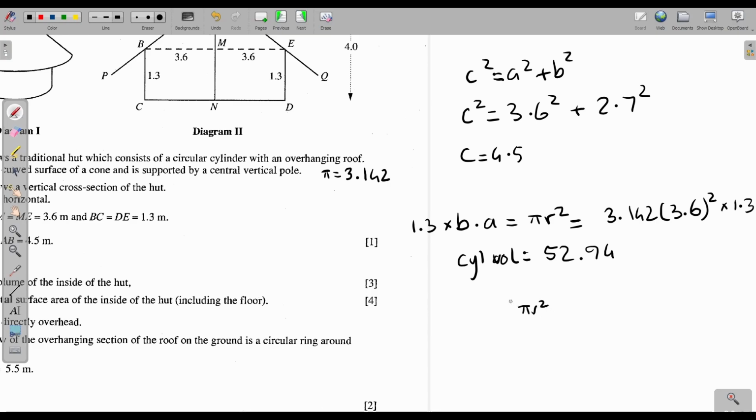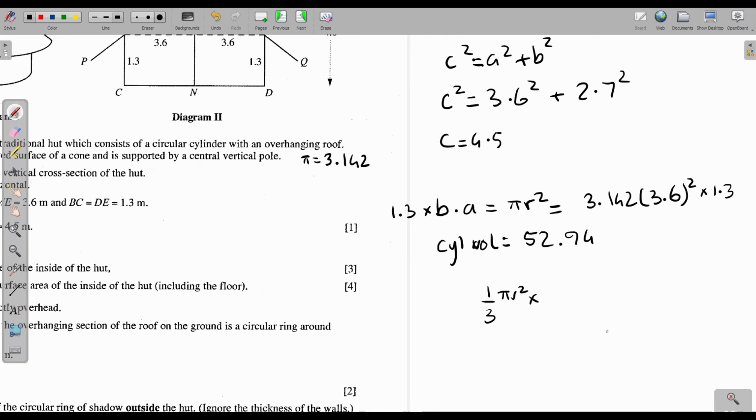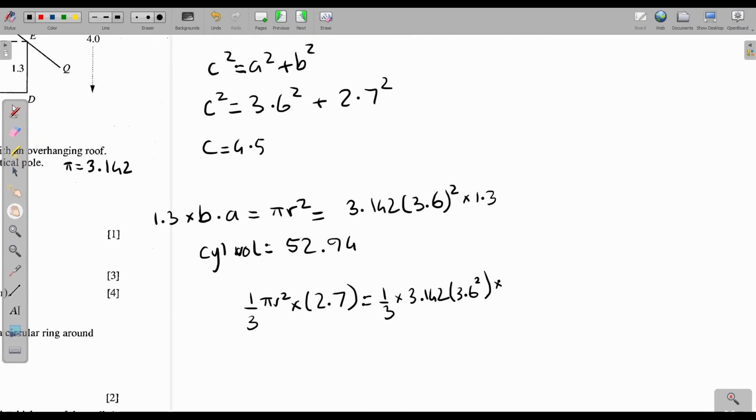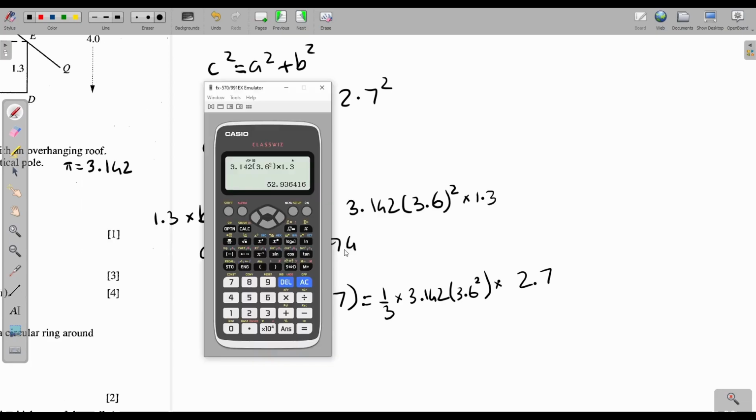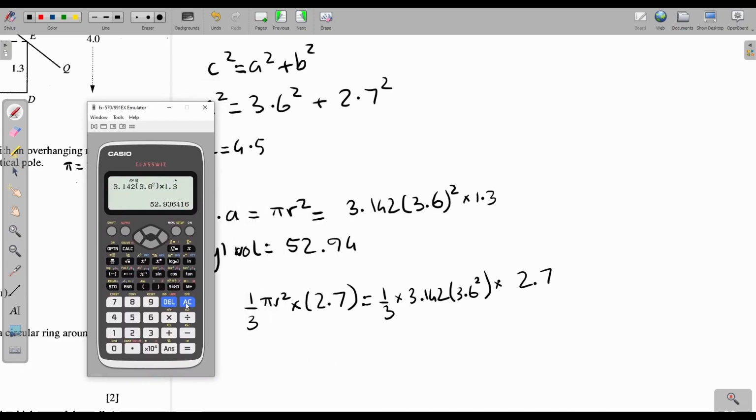So 1/3 into 3.142, 3.6 squared into 2.7. And we can do that all in our calculator again.